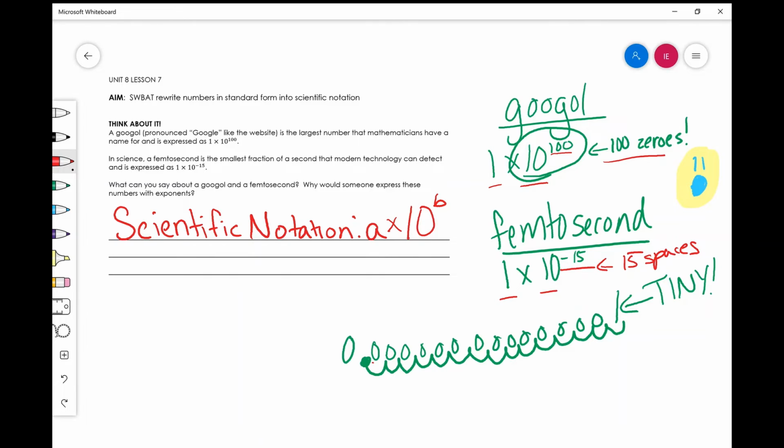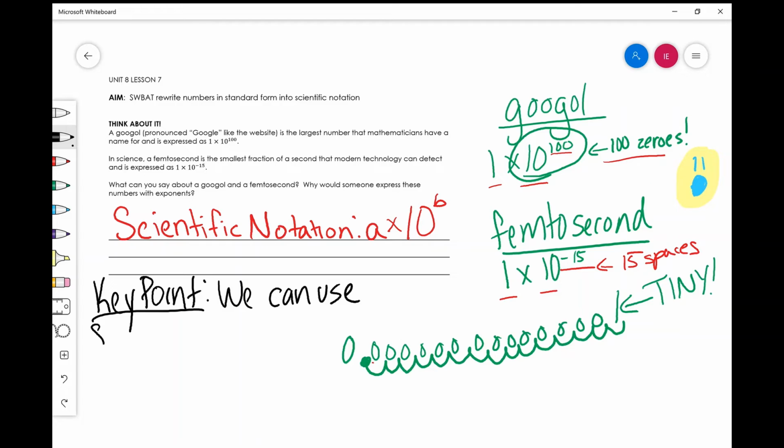So what is the point of scientific notation? We can use scientific notation to do what? Instead of writing these giant numbers or these tiny numbers, what can I do? Go ahead, fill it out on your own.